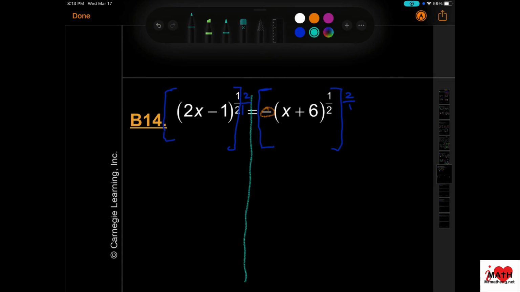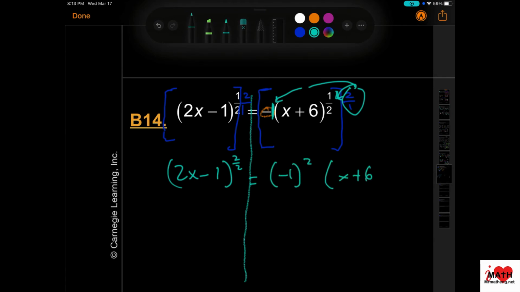And over here, this will become just 2x minus 1 to the 2 over 2. Okay, so this one, treat it like a negative 1. So I'm going to multiply here and here. So this is negative 1/2 to the second power and x plus 6 to the 2 over 2.